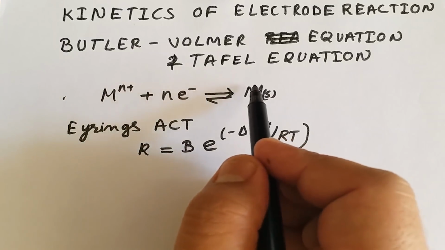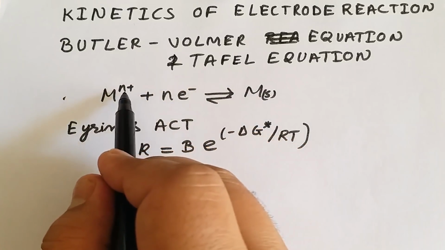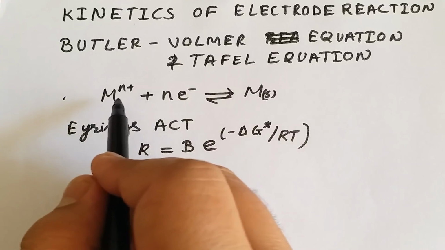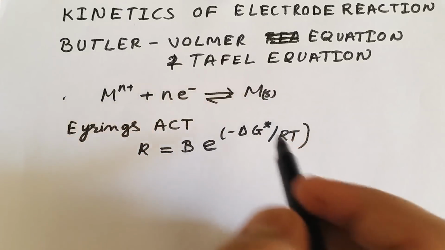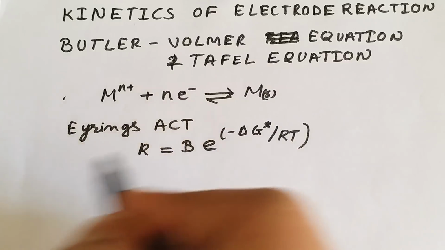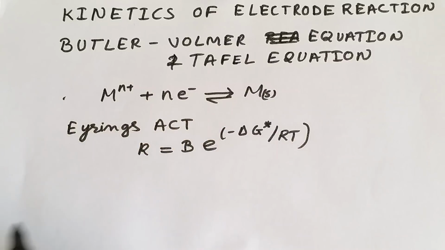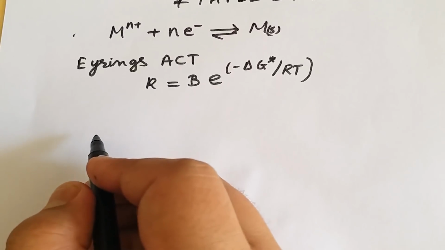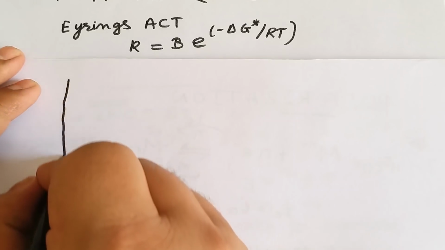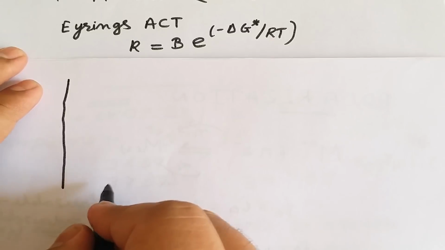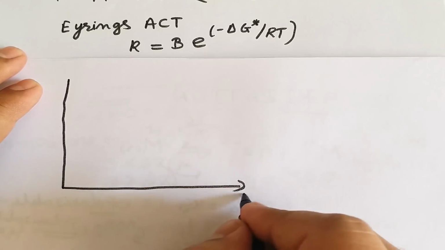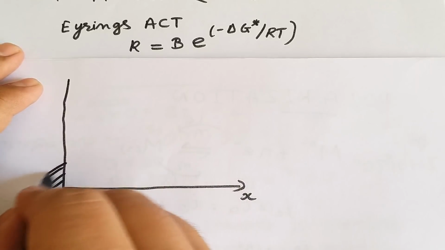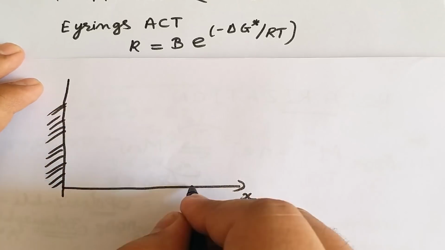For any metal M to convert into the metal ion, or any metal ion taking up an electron to convert back into the metal, it requires this much energy. And if we want to show it by the activation energy diagram, we can represent that. Suppose this is our electrode surface and this is the distance along the x-axis.